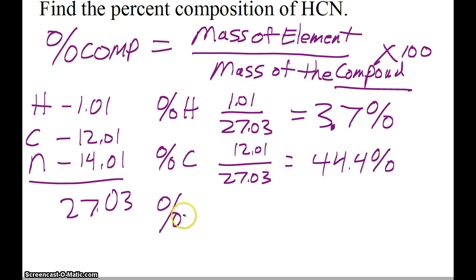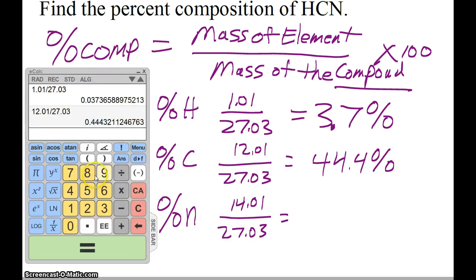And then finally our percent of nitrogen. We end up with 14.01 divided by 27.03. Let's see what that equals. 14.01 divided by 27.03 equals 51.8.